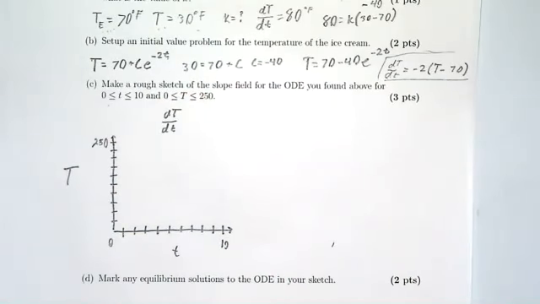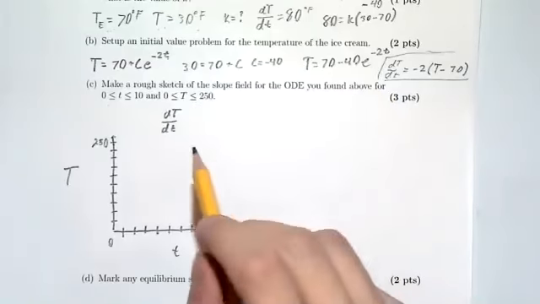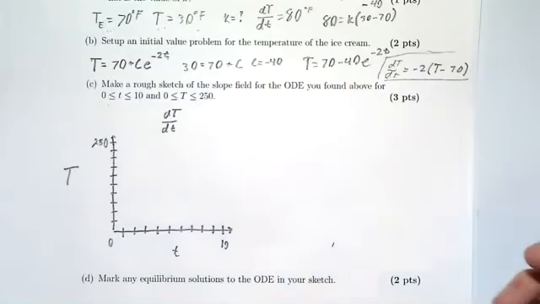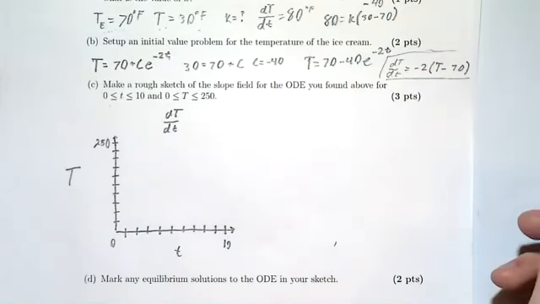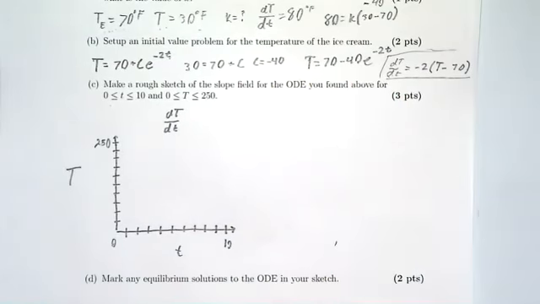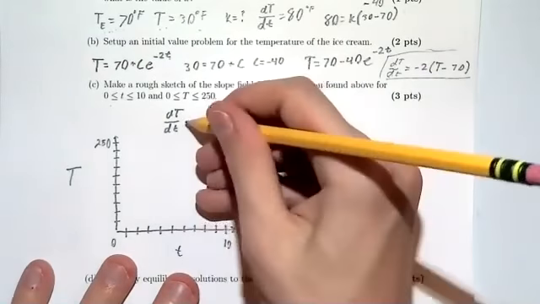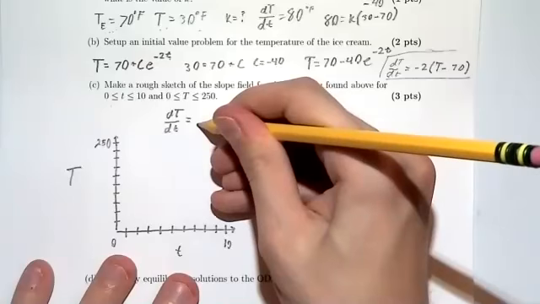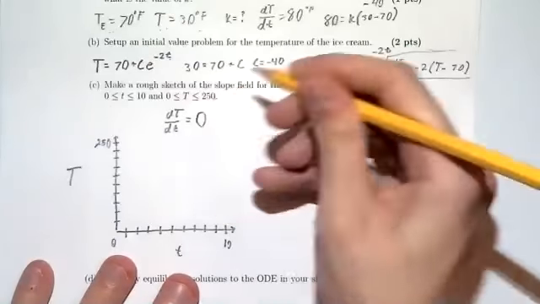So what we need to note is that we have some equilibrium points. Well, actually, I think we only have one. And so that's the first thing you want to do when you do a slope field. You want to solve for the equilibrium. So where is dT equal to 0?